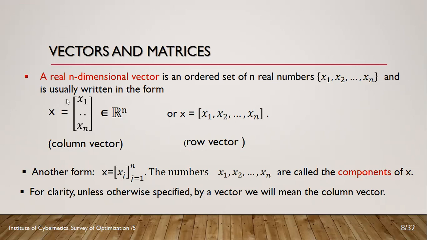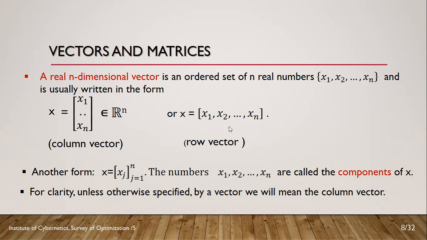For the components of the vector, we use square brackets and put them as a column inside those brackets, provided that this vector belongs to the n-dimensional Euclidean space. So this format refers to the column vector, because it is specified vertically.